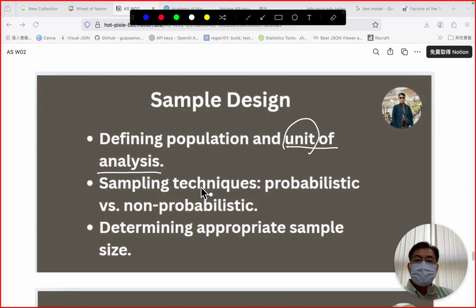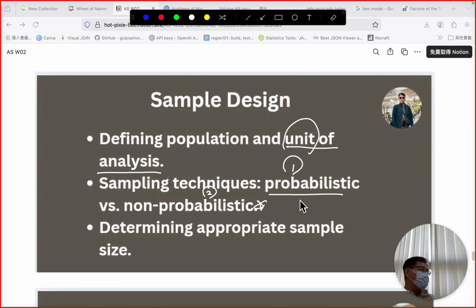Sampling techniques, which I will discuss in detail later: we have two types, probabilistic and non-probabilistic. Has anyone adopted probabilistic sampling techniques before? No. Probably most people select the other one.